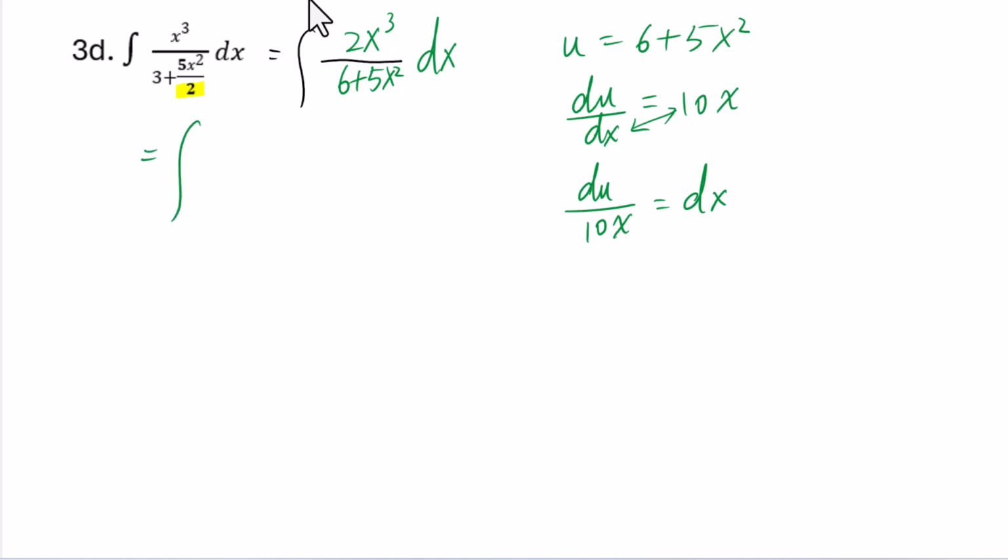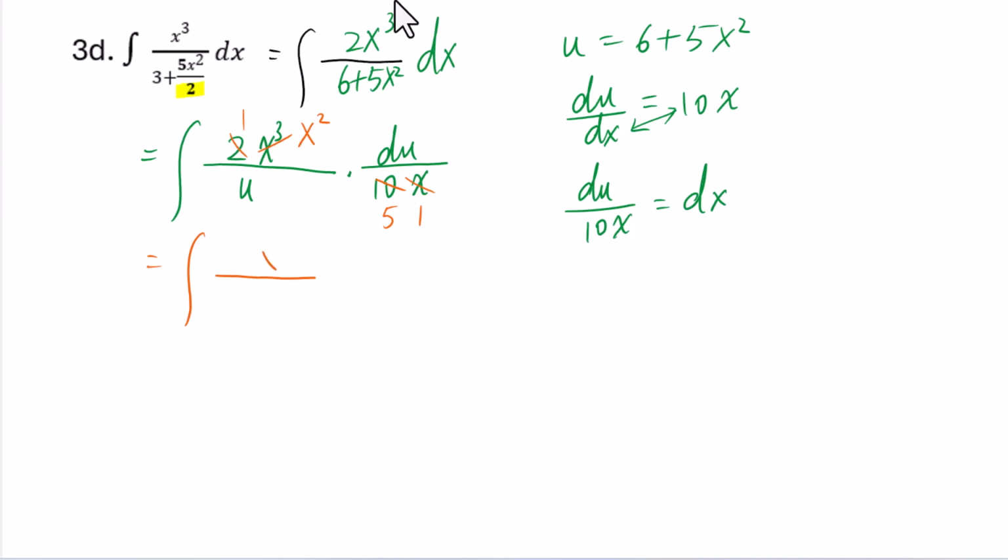Equals integral 2x to the third power over u times du over 10x. Reduce. So we get integral of x squared over 5u du.